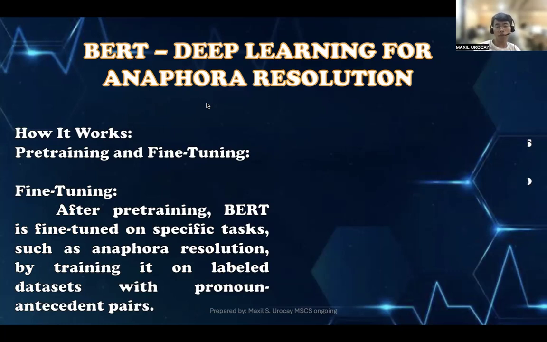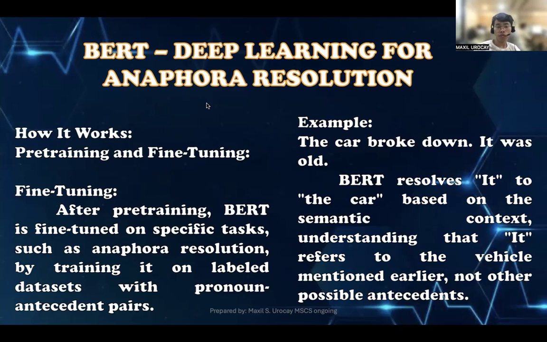For example, in "the car broke down, it was old," BERT resolves "it" to the car based on the semantic context, understanding that it refers to the vehicle mentioned earlier, not another possible antecedent. So BERT is an incredibly powerful tool because it's pre-trained on vast amounts of text and can be fine-tuned for specific tasks like anaphora resolution.